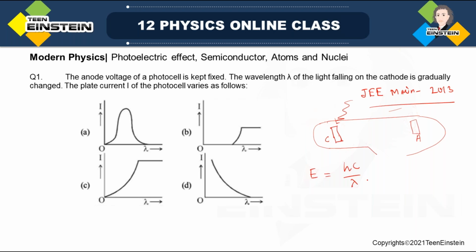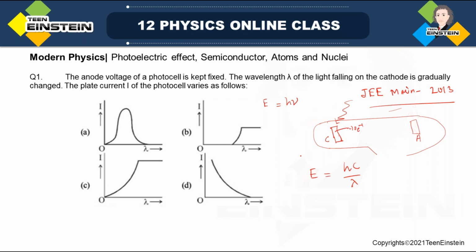How would current vary with lambda? If you have a photon of energy h nu, or hc by lambda, one photon can knock out only one electron. Only one electron can be knocked out.